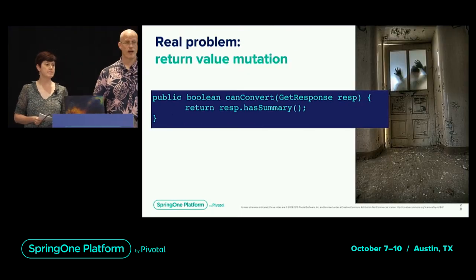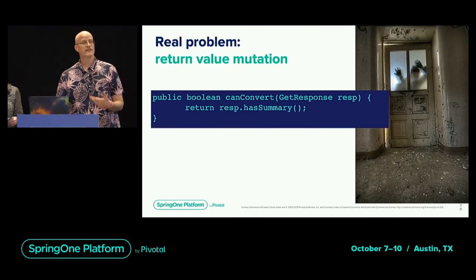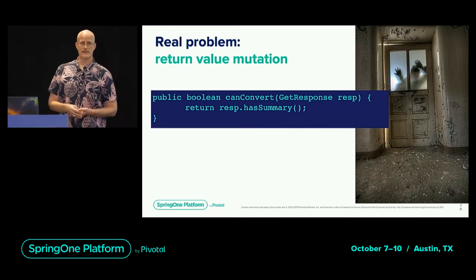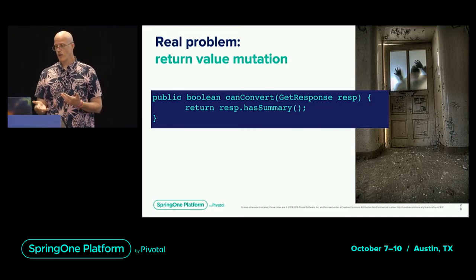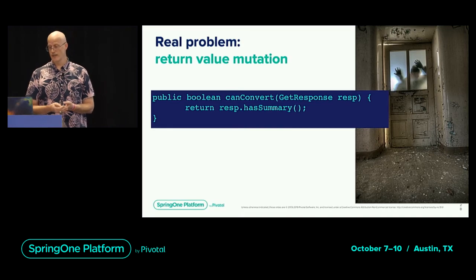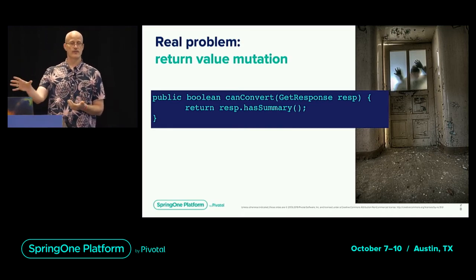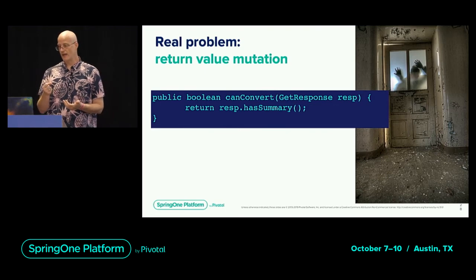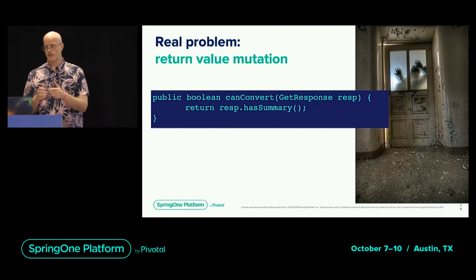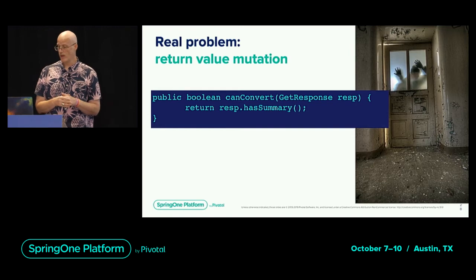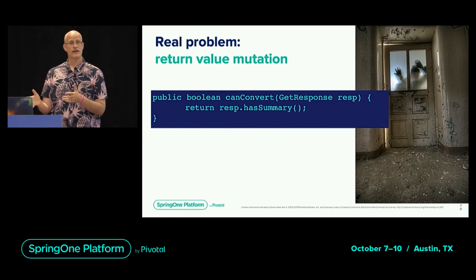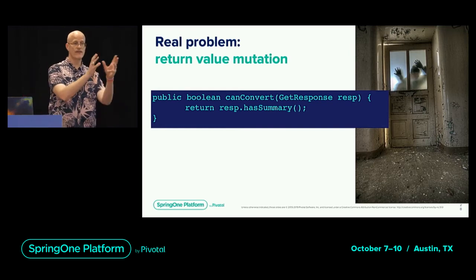And then there's the real problems, things that the mutation tests catch. We had one method in our benefit summary app, and it would call a different service, get some information back, and then it had to evaluate, and that's what this can convert method was. It said, well, if it has a summary, then do some stuff and return that summary.